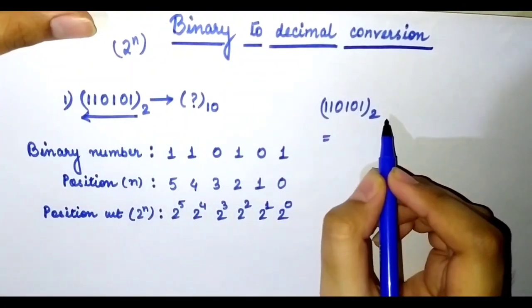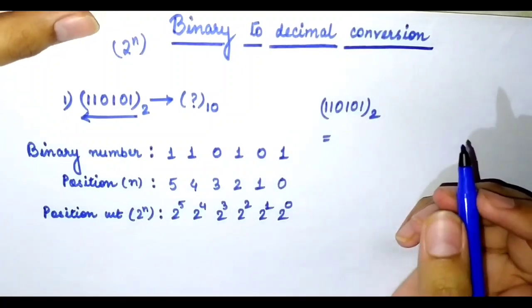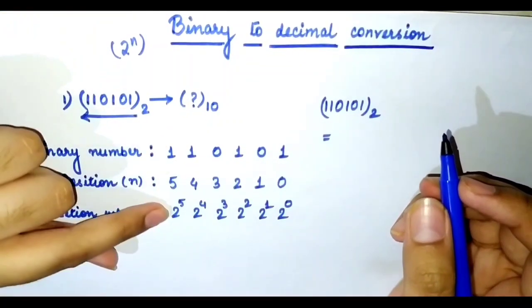So I've written the binary number over here, and now I'm going to multiply this bit with its position weight.